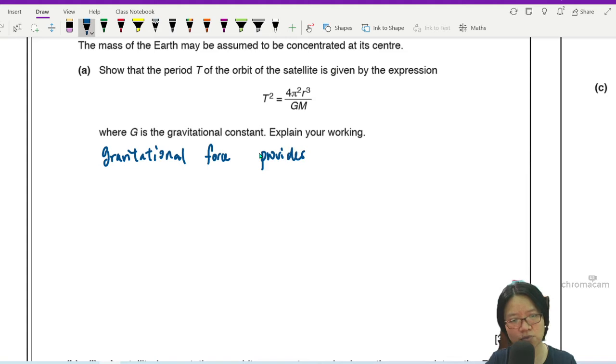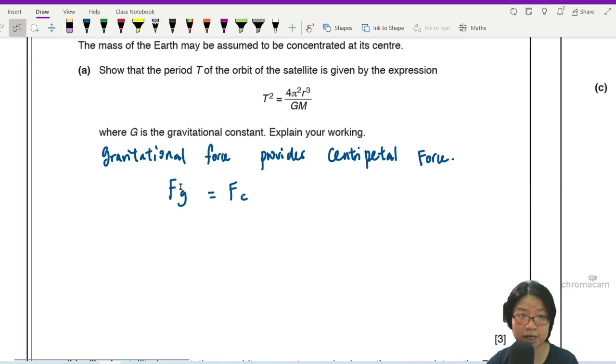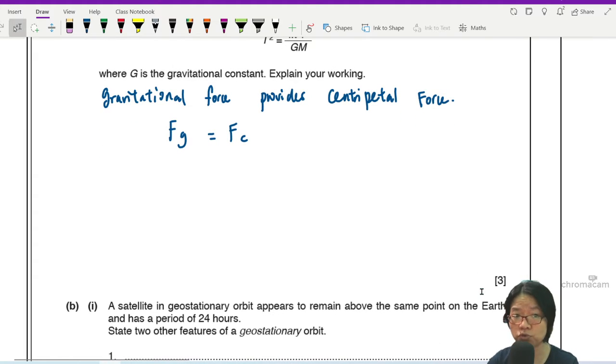So you start off with this sentence: gravitational force provides the necessary centripetal force. And because of this, you can write the equation Fg equals Fc. Always start your proof by this expression. Don't go and write some other equation that you memorize, and then you will lose marks in your proof.